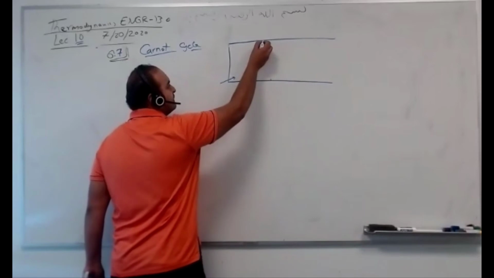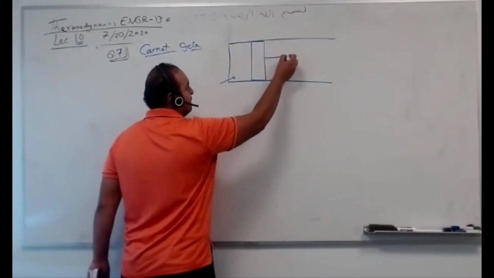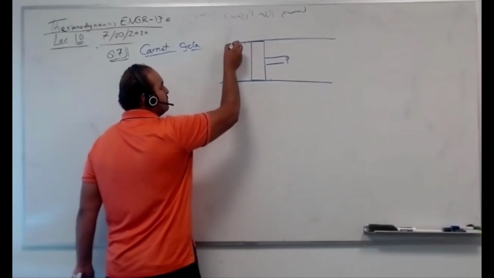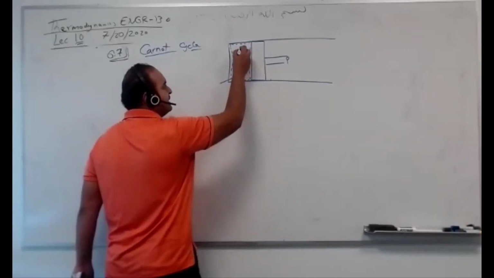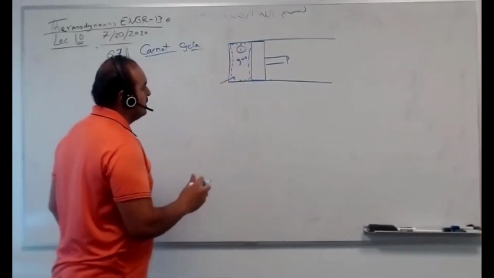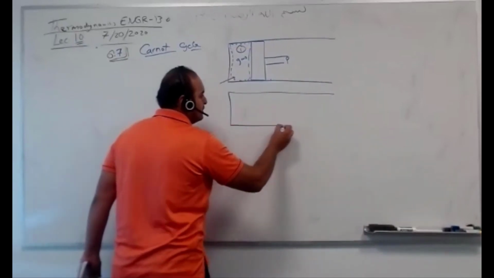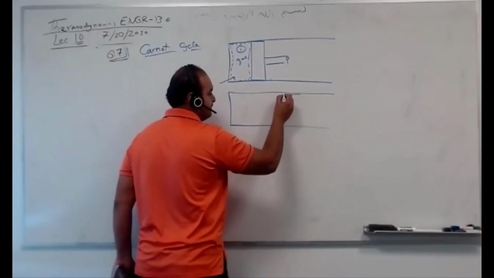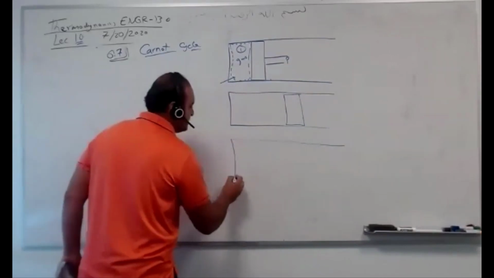Let's say this is the gas, and here we have a piston. This is state one, the control volume. I'm going to change it. I'm going to expand it, then I'm going to compress it.